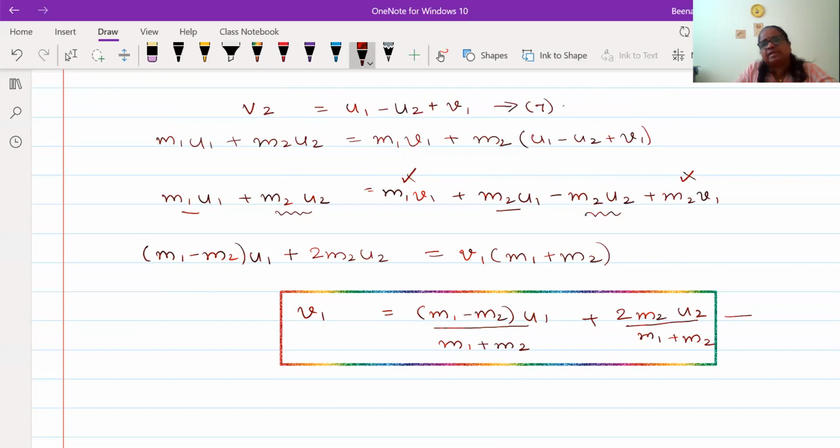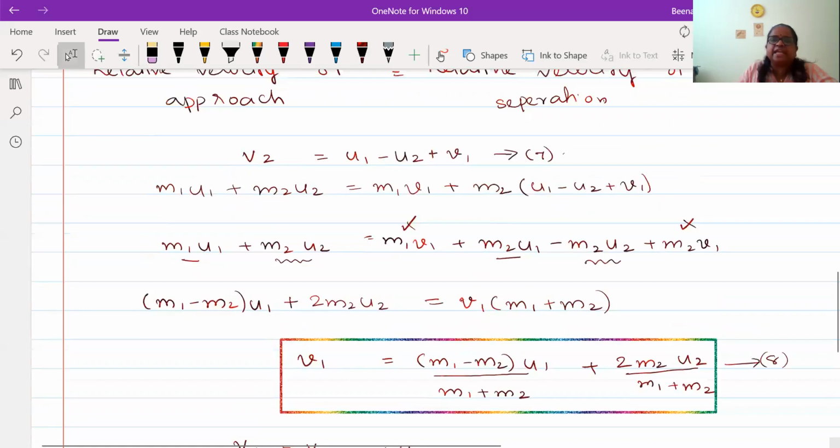Let me name this equation before that. From equation number 7, we can write V1 equals U1 minus U2, no, better let me write it as V1 is equal to V2 minus U1 plus U2.